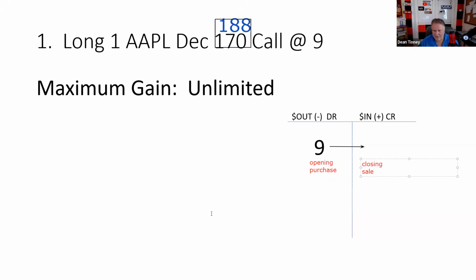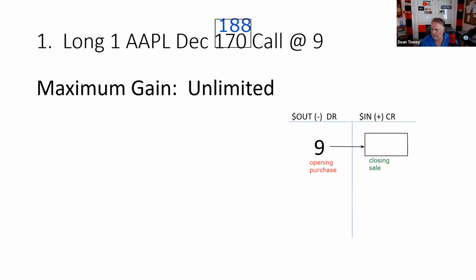So what is the intrinsic value of a 170 call with Apple at 188? What is the intrinsic value of a 170 call with Apple at 188? That's what we're solving for here, what we're closing out at.